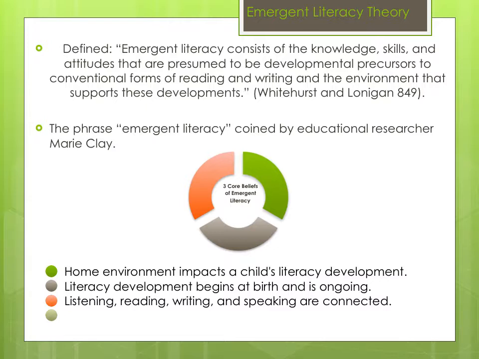And that if they develop skills in one of those areas, it will help boost their skills in another area. So the better they are at speaking, it will help them with writing. This also connects a little bit to whole language theory. Both whole language and emergent literacy believe that those four components are interrelated.